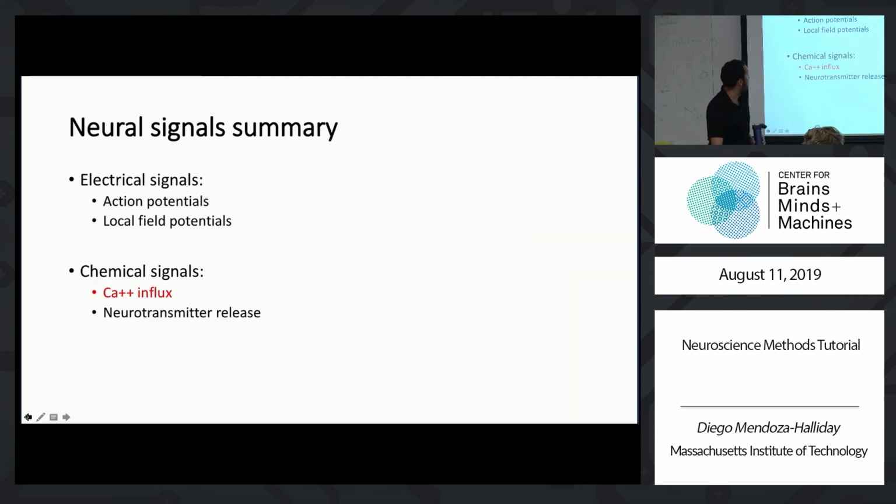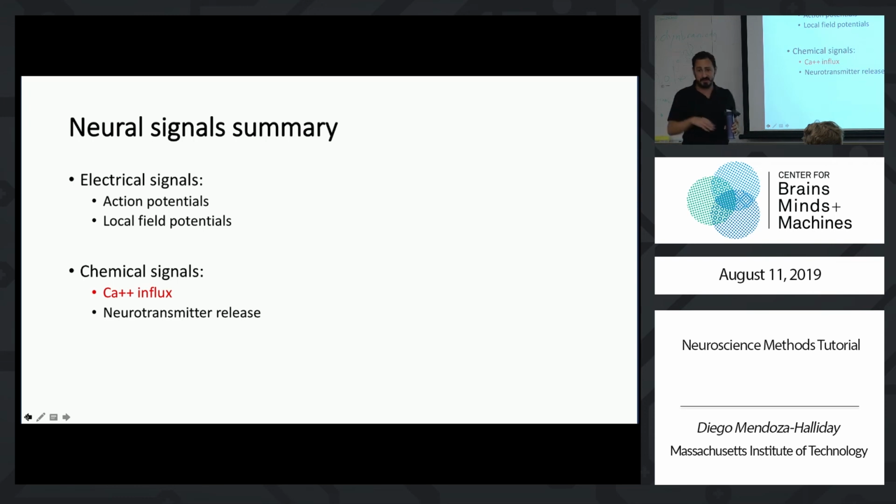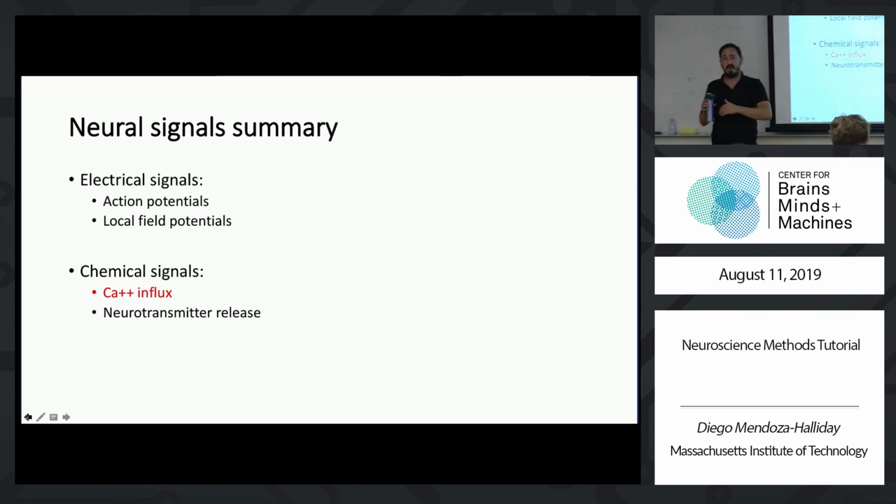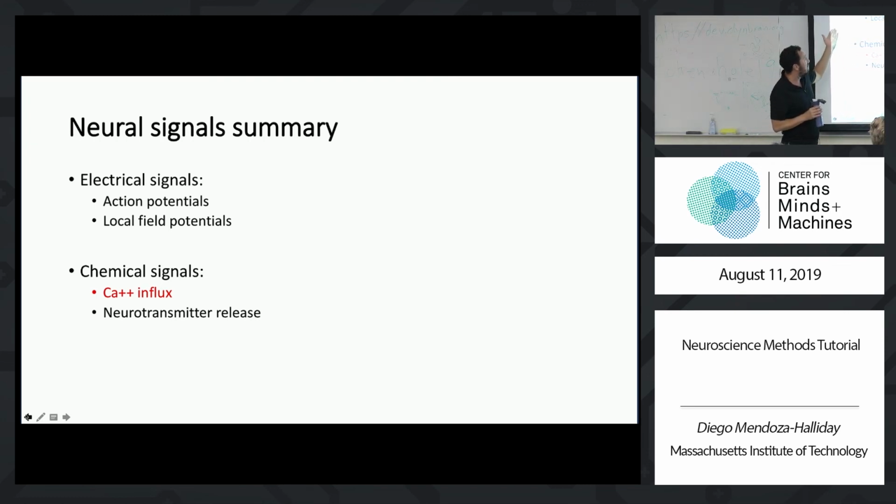And that is then the end of the electrophysiological signals. We have a whole array of other techniques to measure other signals, like the chemical signals I was telling you about. Calcium influx can be measured with calcium imaging.